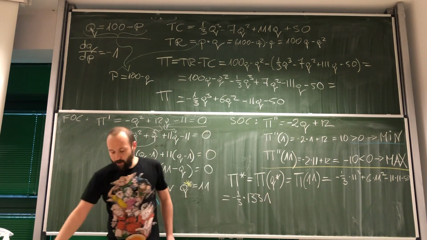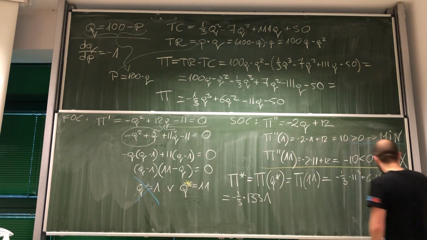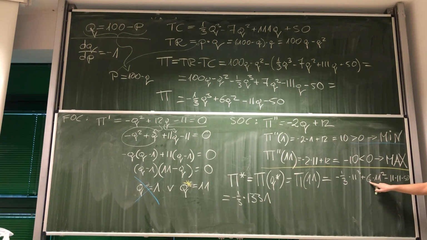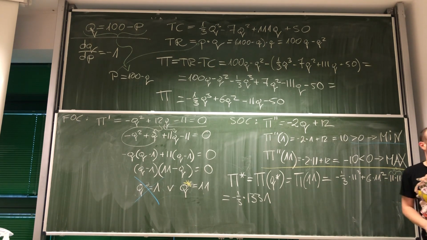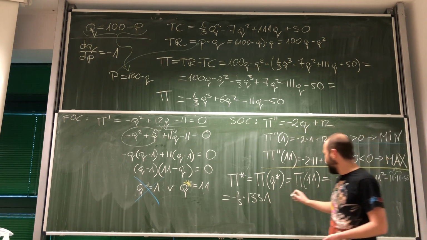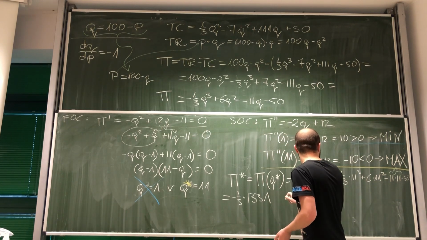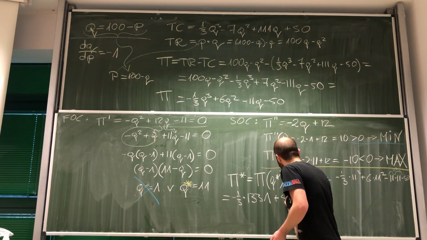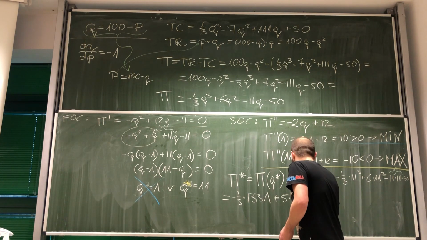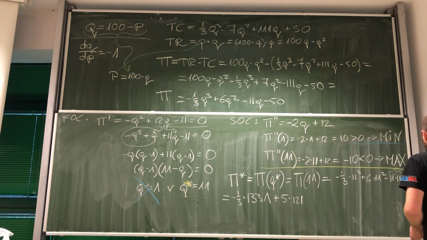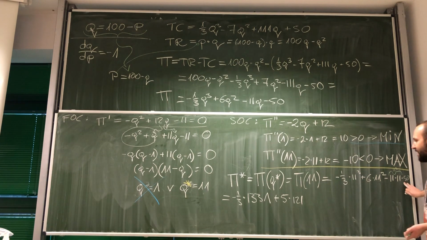And look, over here, we've got 6 times 11 squared minus 11 squared, right? So this is 5 times 11 squared, which is 121. So, yeah, 5 times 121. And then at the very end, we've got minus 50.